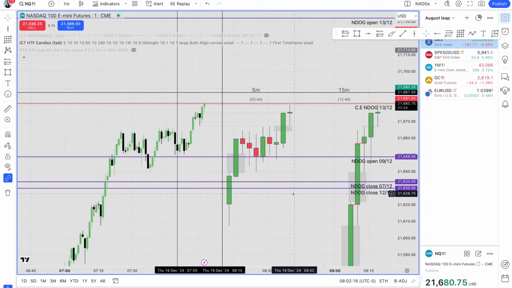Even the ones I use: breaker, order block, fair value gap, balanced price range. For some that can be a lot, but that's why you have to restrict yourself with the time, and you really need to emphasize the PD array you actually want to use. Which one do you feel the most comfortable with?